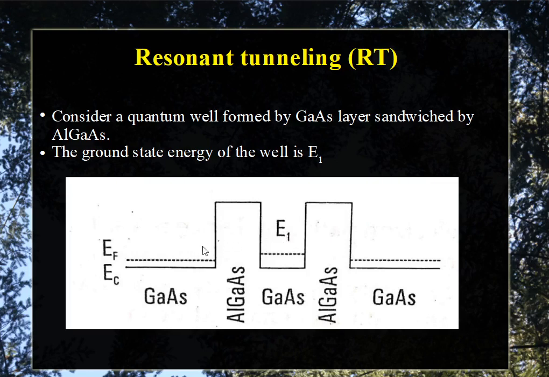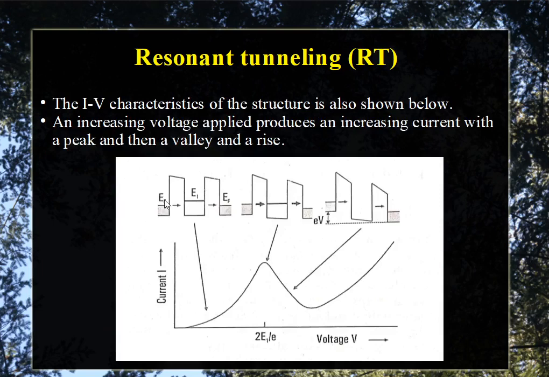That means the tunneling current increases. At the same time, the Fermi level will be shifted. That is represented here. There will be bending. The Fermi level position is moving upward. That means EF and E1 are trying to get aligned.